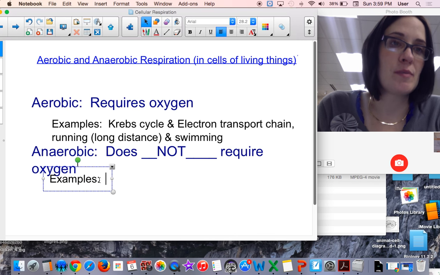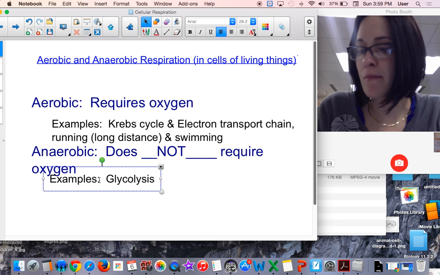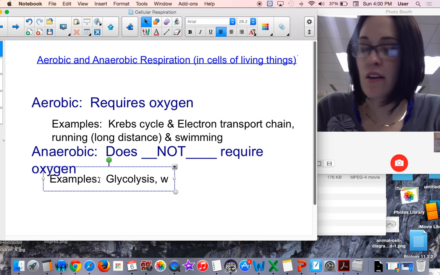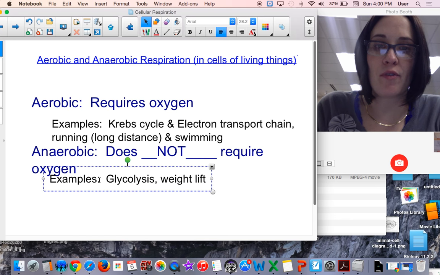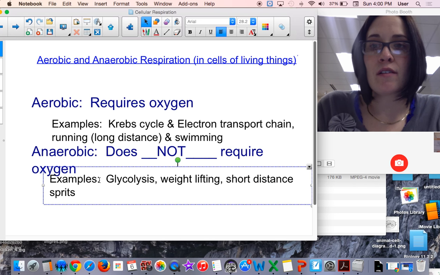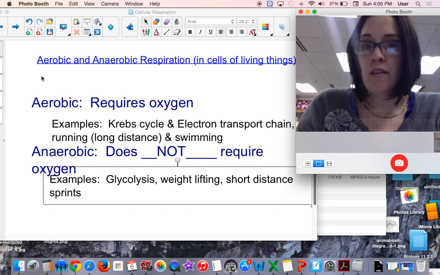An example specifically to cellular respiration is a reaction called glycolysis. And in our bodies or activities that you can actually do, weightlifting is an example, and short distance sprints. Okay, short little bursts of energy.